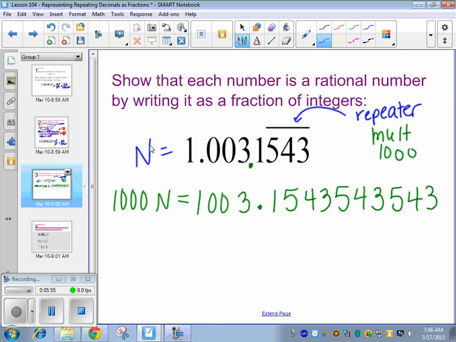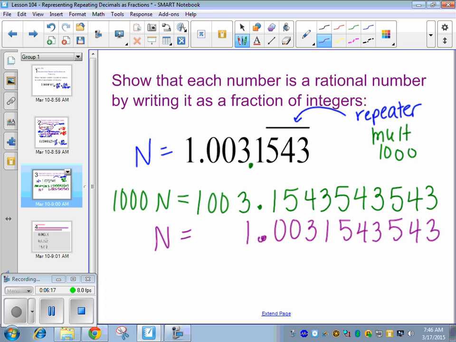And now I'm going to subtract this on both sides. So I'm going to rewrite that number, n, and then my original number with the decimal here. So line it up. The 1 goes here, decimal, 0, 0, 3, 1, 5, 4, 3, and it keeps repeating. And we're going to subtract on both sides. Okay, 1,000n minus 1n.